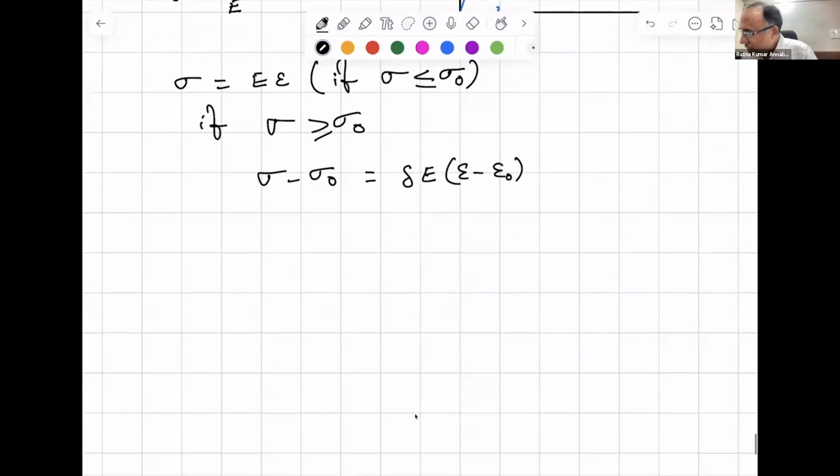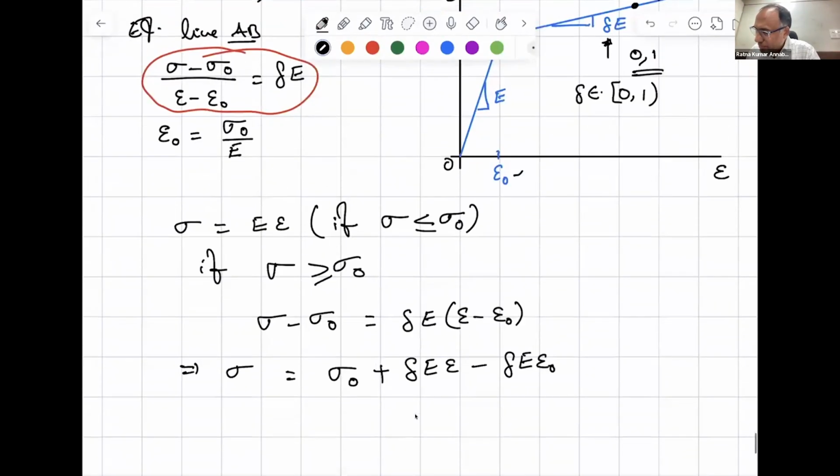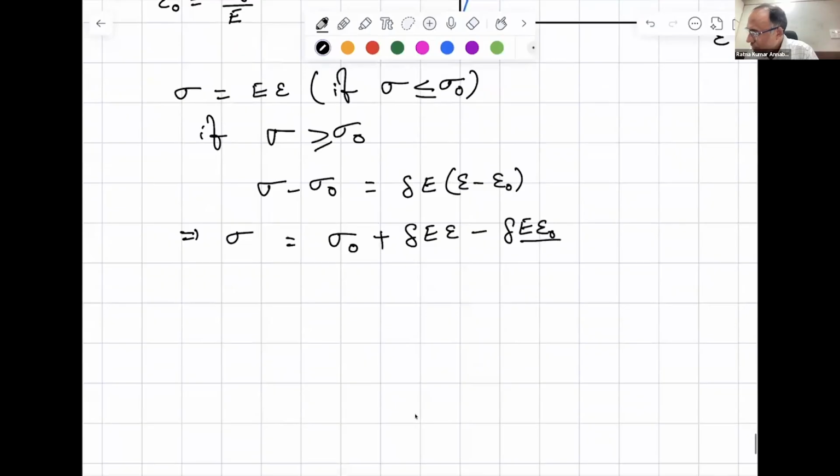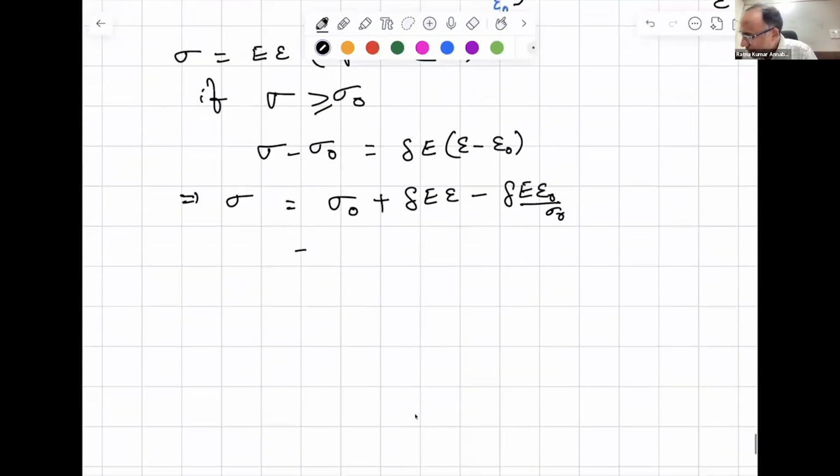That implies sigma is equal to sigma naught plus delta E times epsilon minus delta E times epsilon naught. And what is E times epsilon naught? E times epsilon naught is sigma naught. So that can be written as sigma naught into 1 minus delta plus delta E times epsilon.